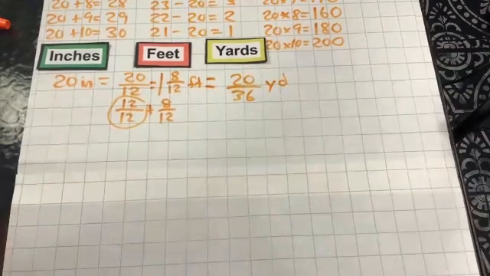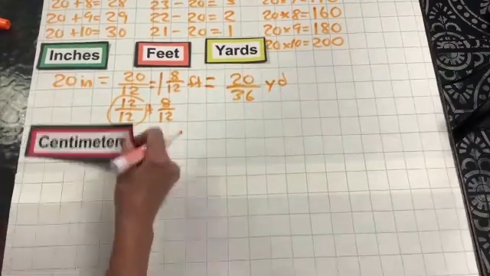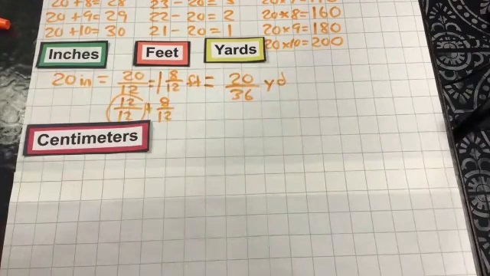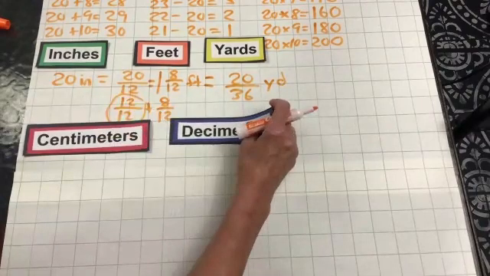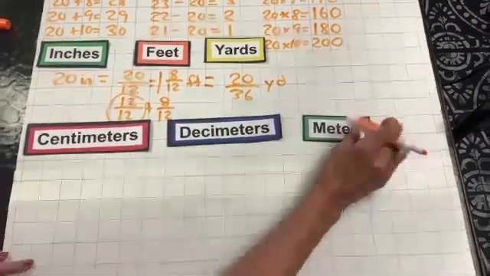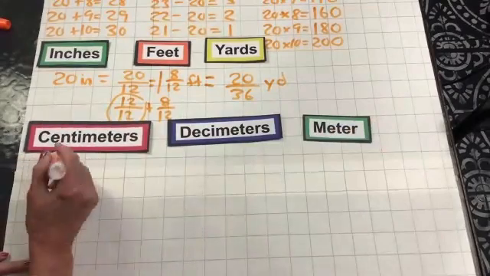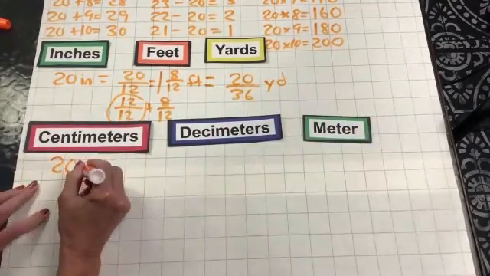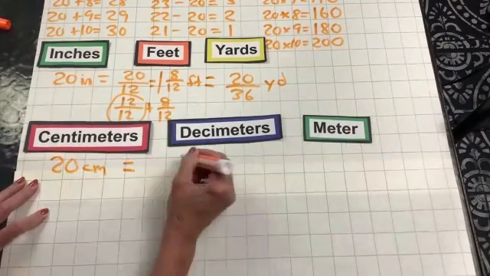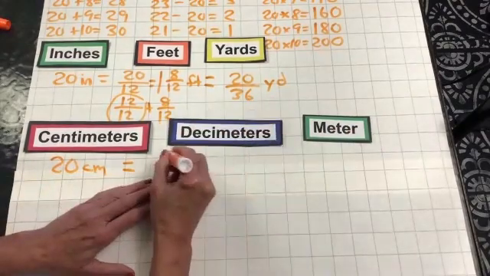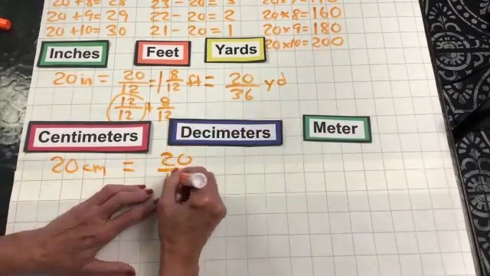All right, let's go on to our metric form. Centimeters, decimeters, and meters. So if I have 20 centimeters, that means I have 20 out of 10. Woo!